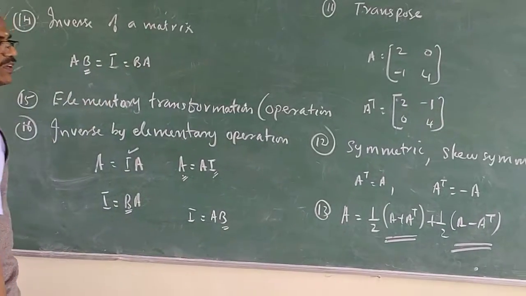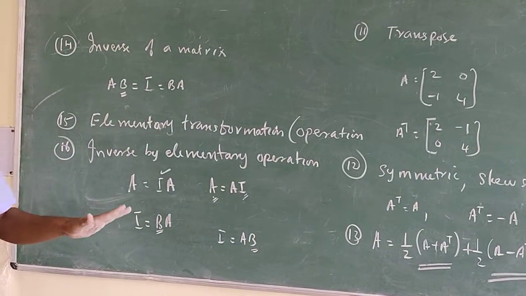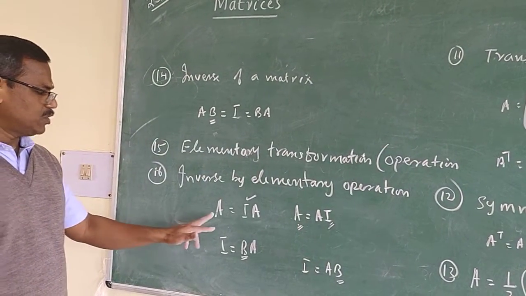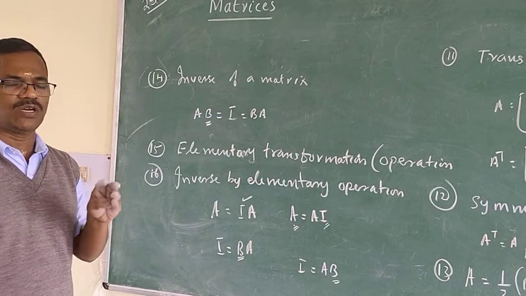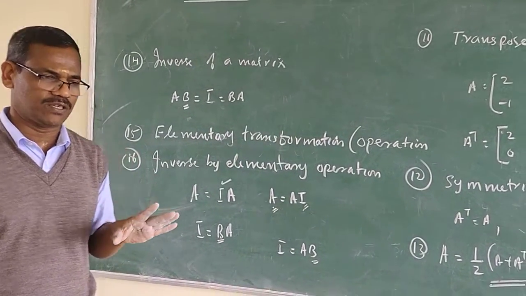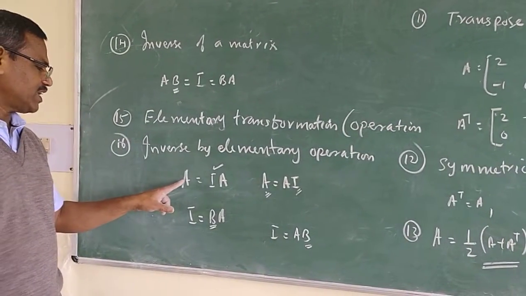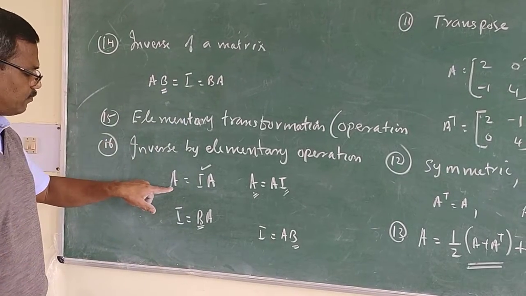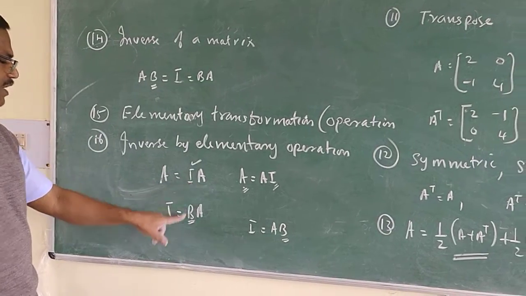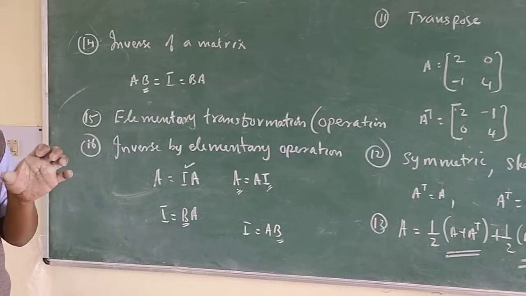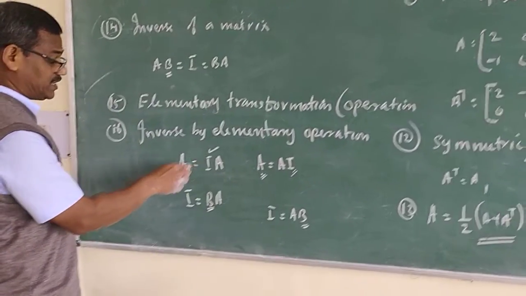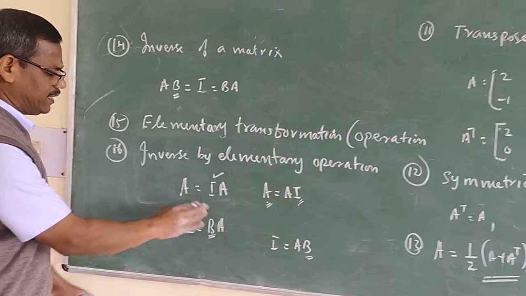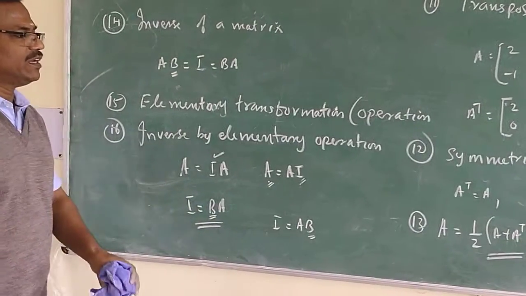So B is the inverse of A. What I want to say is that when you want to find the inverse of a matrix by elementary operations, you should first decide whether you are going for row operations or column operations. If row operations, first write A is equal to IA and then do the series of elementary operations on A and correspondingly on I. Your row operations should be planned in such a way as to convert A into I.